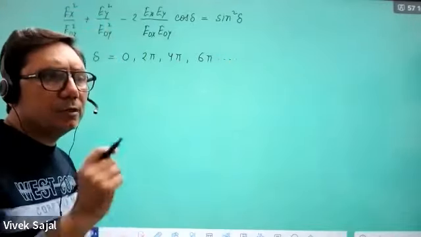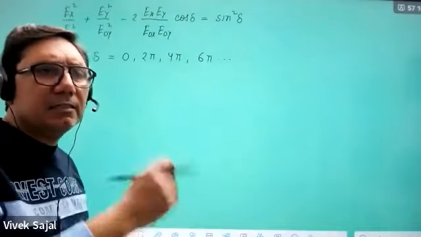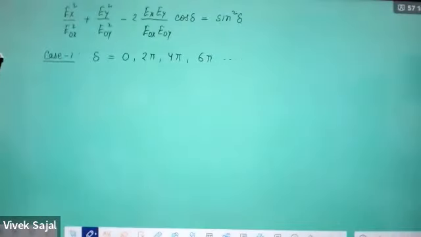So what you are doing, you are choosing the thickness in such a way that delta is coming out to be either 0 or 2 pi or 4 pi, 6 pi, like this.